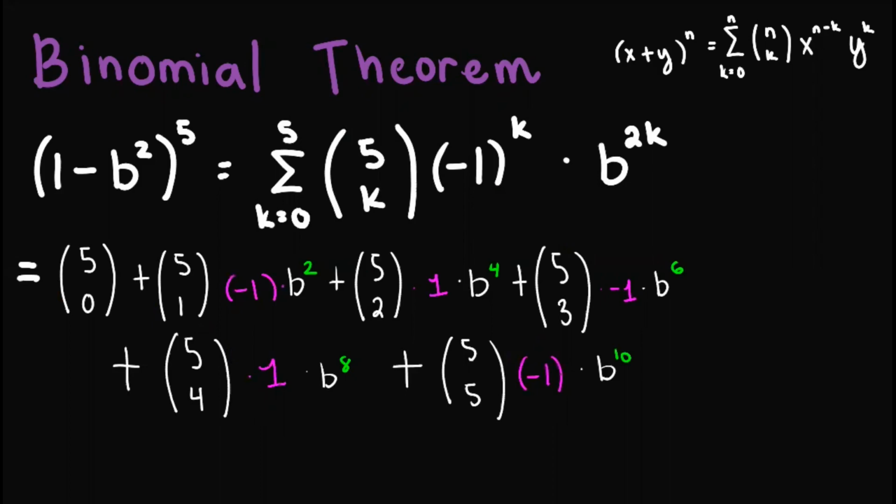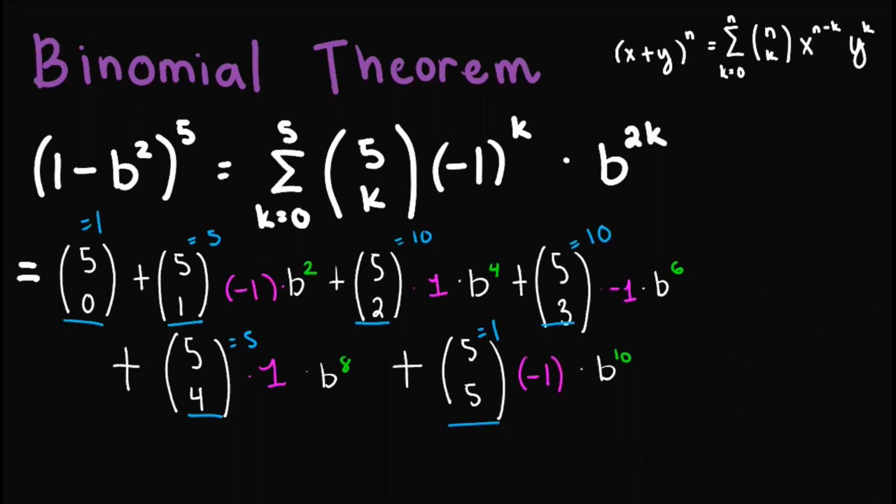Now, the only one left is these combinations out here. But I'll leave that to you to verify that this will be equal to 1. This will be equal to 1 as well. This will be equal to 5. And this will be equal to 10.